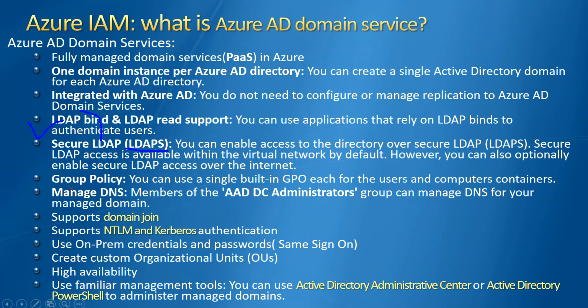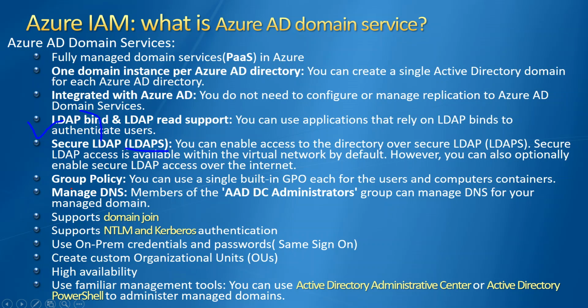So you can configure your group policy on an Active Directory domain controller, which you have on-prem or which you have running in Azure. But Azure AD DS, which is a managed domain service offering from Microsoft, also allows you to set up your own group policies. There are certain limitations, but you can do almost all the group policies which are supported.